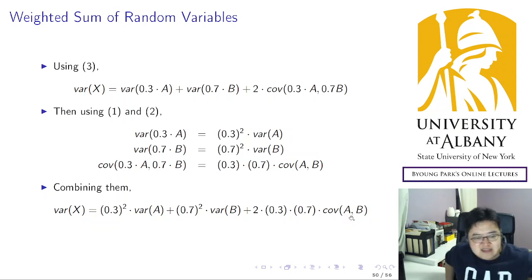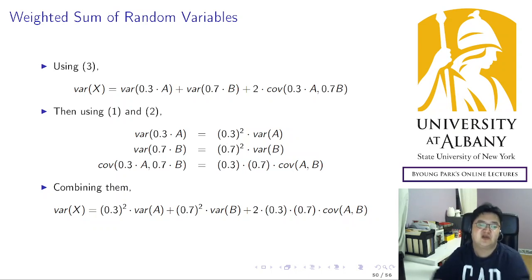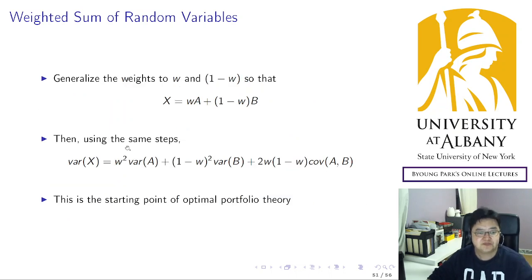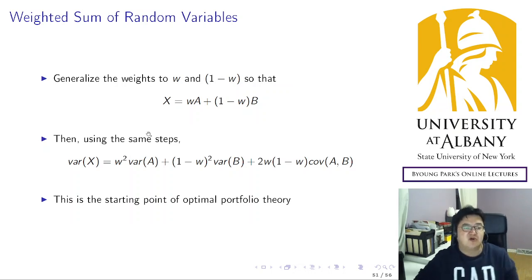Then it can be understood naturally. And because we know the variances of A and B, and the covariance between them, you may calculate the variance of the portfolio, right? But the number itself is not important here, because we are going to generalize that.